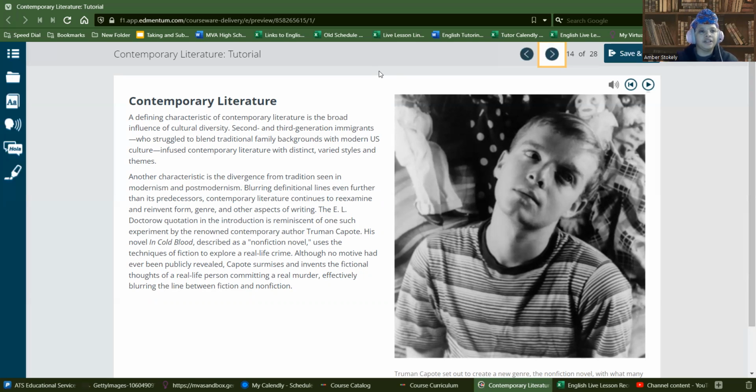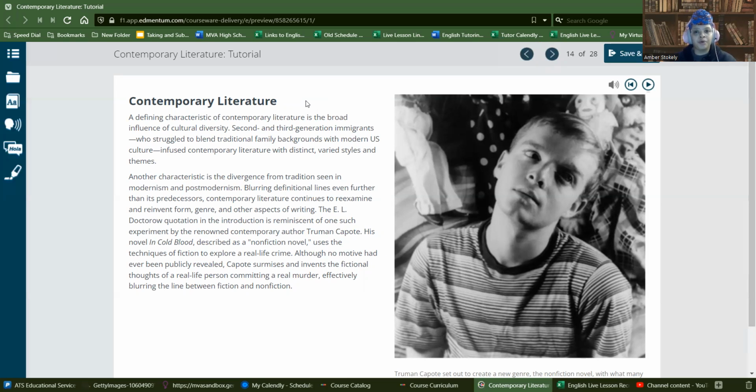So the first thing they tell us is that a defining characteristic of contemporary literature is the broad influence of cultural diversity. Remember when we were talking about TVs and the internet allowing people to see what's happening beyond the world. So including information about different cultures is a part of contemporary literature.